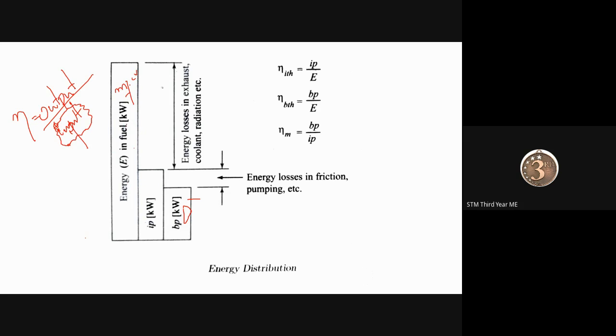So the energy supplied by the fuel will be the mass flow rate into the calorific value. Just remember this. This is the input. In the case of indicated thermal efficiency, the output will be the indicated power. Similarly in the brake thermal efficiency also, the output will be the brake power.